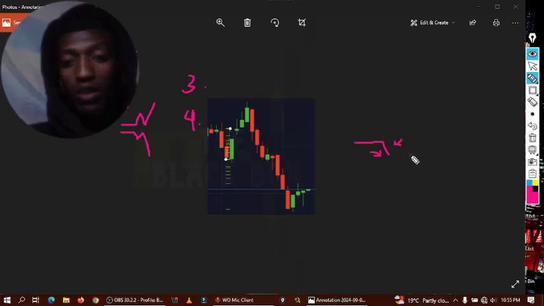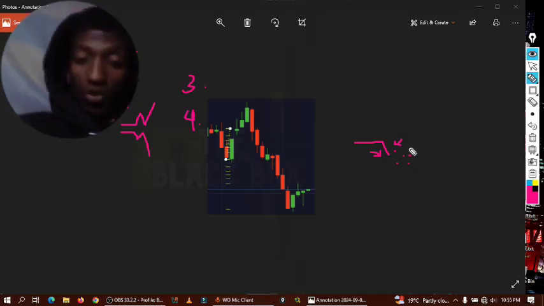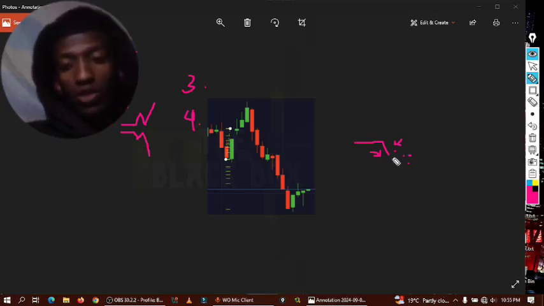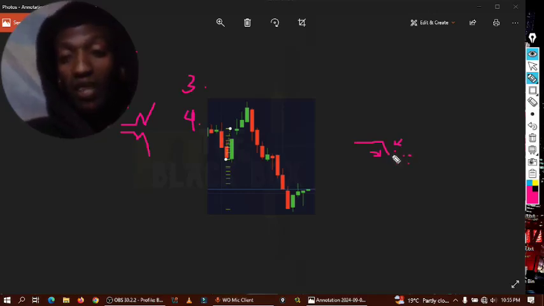The banks know, the sharks know, the institutions, the hedge funds, the huge traders, the proprietary firms will be interested in our money. Interested in taking everyone's money.